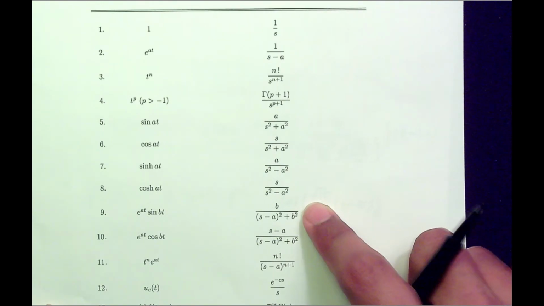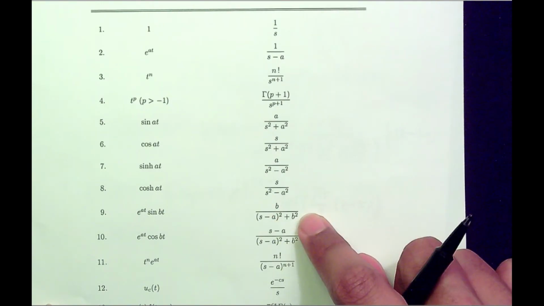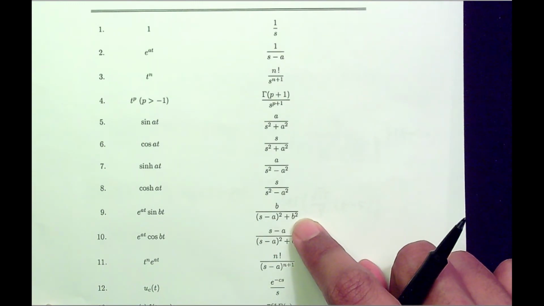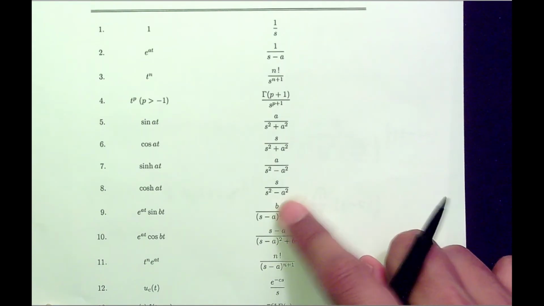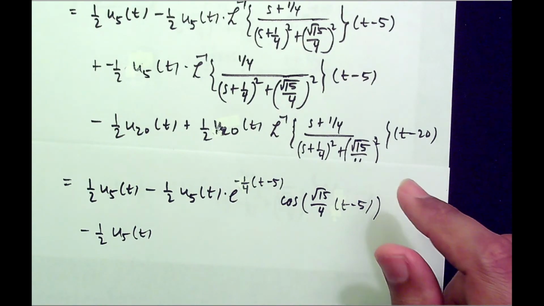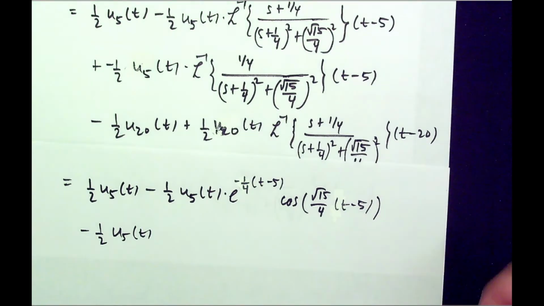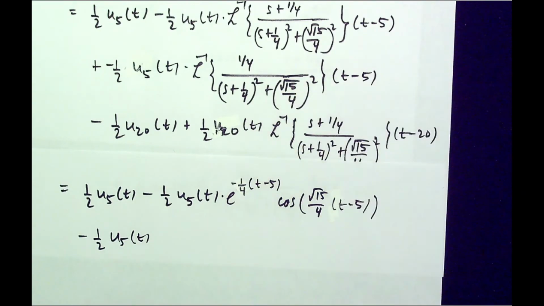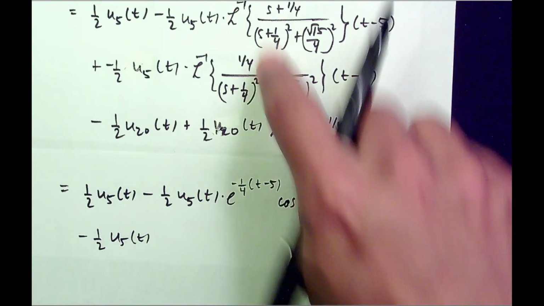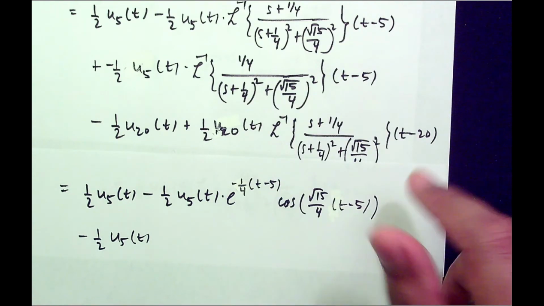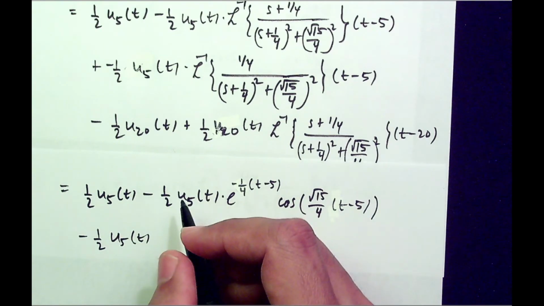The one we want on top of this one is not the A, not the quarter, it is actually this thing. The B needs to be on top, otherwise it's not going to work. So this is not good, because I don't want a quarter there. I want the square root of 15 over 4. So that means we're going to have to add the square root of 15 and divide by the square root of 15 before we can actually do this one.